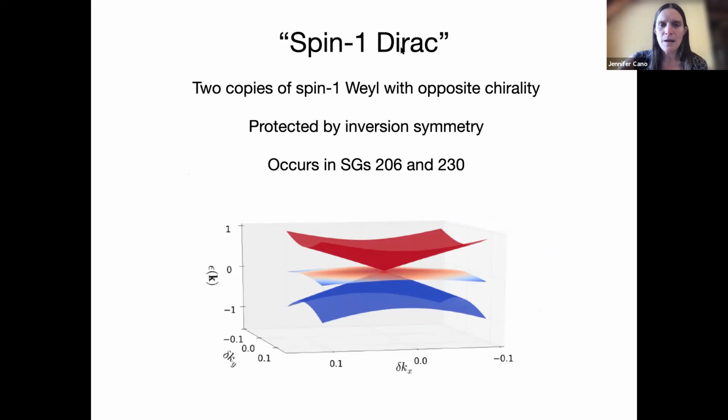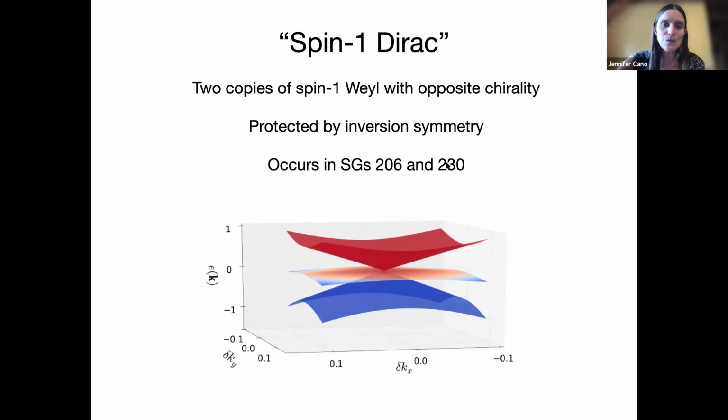Earlier, we were talking about how we can think of a Dirac fermion as 2 copies of Weyl fermions with opposite charge. This spin 1 Dirac, we can think of as 2 copies of a spin 1 Weyl with opposite charge, and they're protected in the same way by inversion symmetry. Again, the combination of time reversal and inversion can give you these degeneracies which have no net chirality, but with a field, you could split them and see that they actually consist of two chiral features.